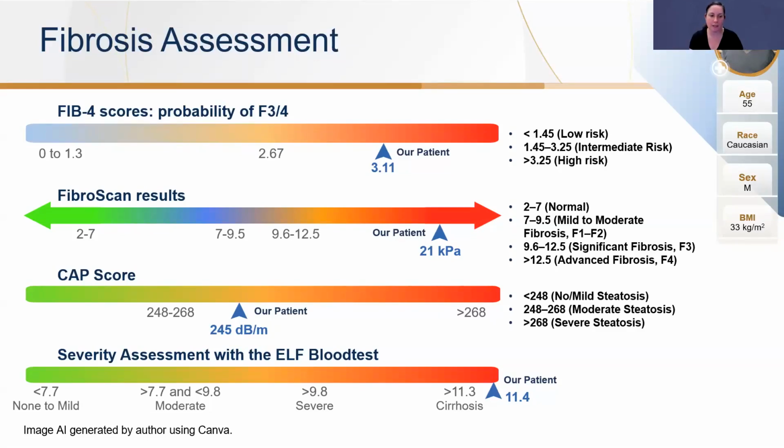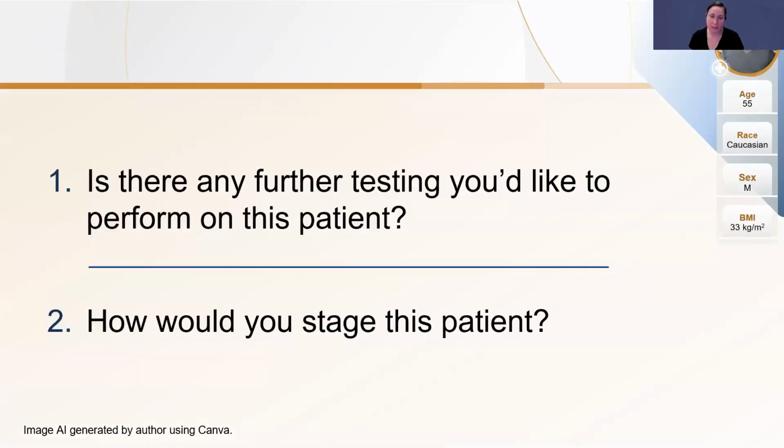But looking at FibroScan and ELF score, they're both scoring him in a higher risk category as F4 cirrhotic. And he has no stigmata of ascites or peripheral edema, anasarca, etc., so he is not likely to have portal hypertension.